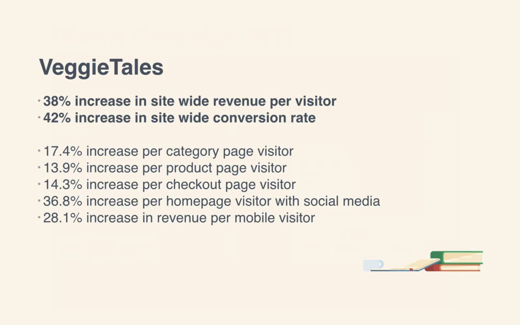They've increased their revenue per visitor by 38% and site-wide conversion is up by 42%. I won't break down all those figures, but the pages I'm going to show you are some of the key pages where they've got these increases in visitor interaction and completion rates.